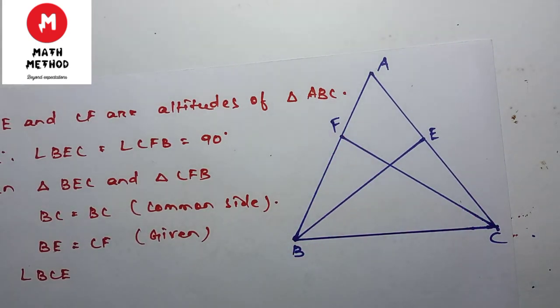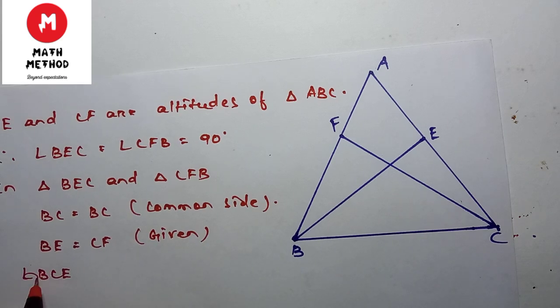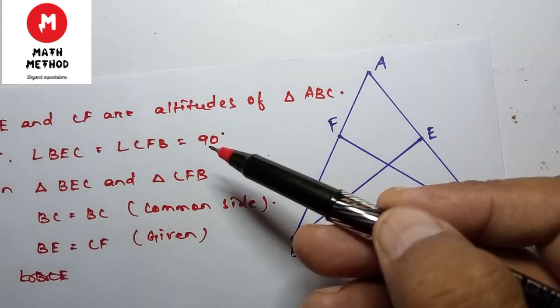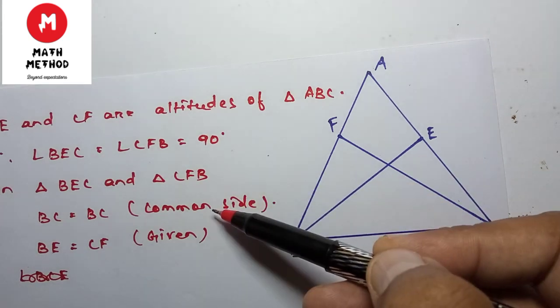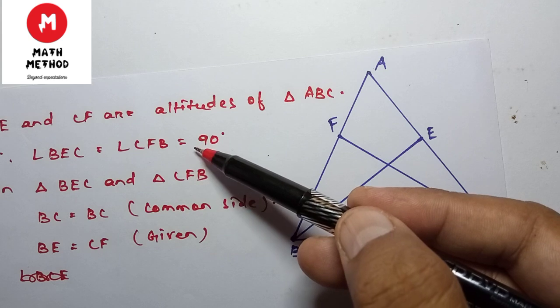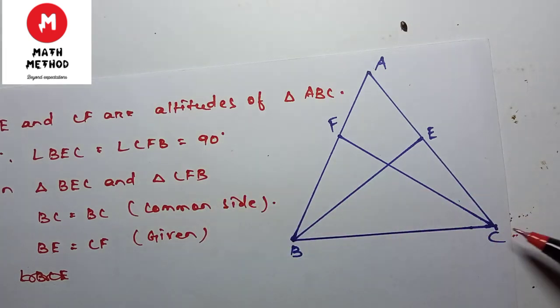We cannot write angle BCE, we have to prove triangle BEC and triangle CFB are congruent. So we have 90 degrees, common side and given by RHS, that is 90 degree right angle. This is common side BC, which is the hypotenuse.